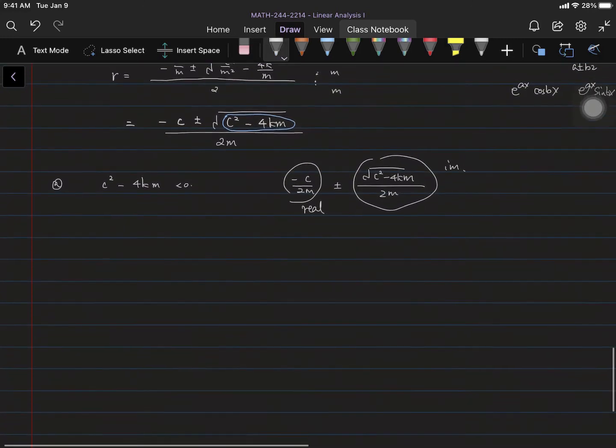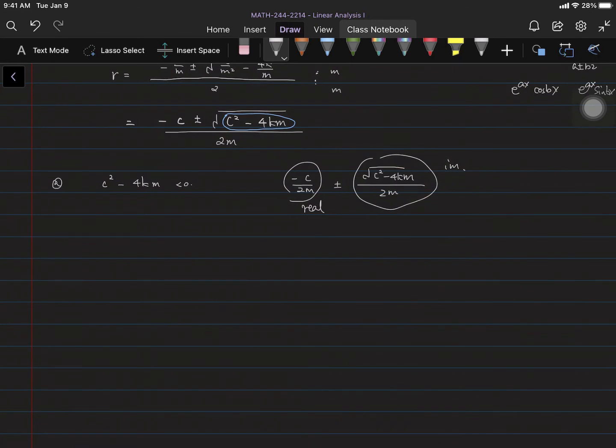So our solution will become y(t) equals e to the real part, negative c over 2m times t, times c1 cosine plus c2 sine of some t, and that's going to be this imaginary part.